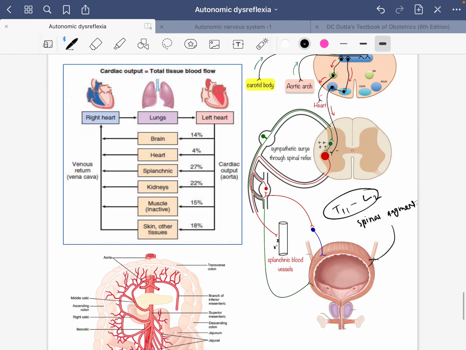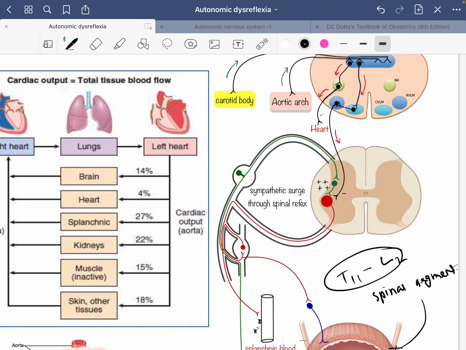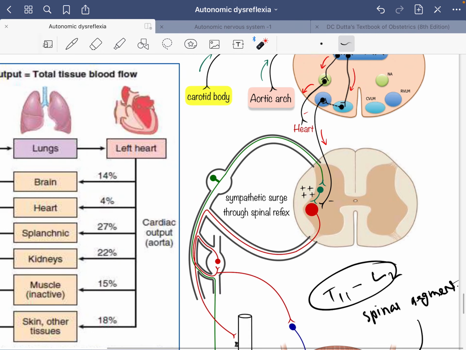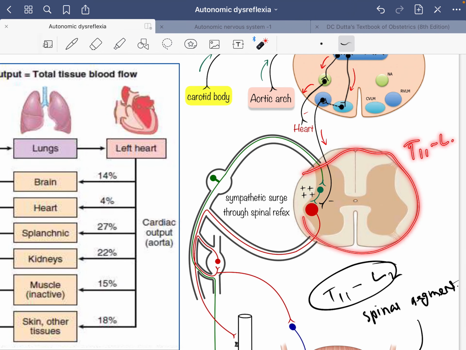For better understanding, I have taken just one spinal segment. Suppose this is the spinal segment; you can think that it represents T11 to L2.